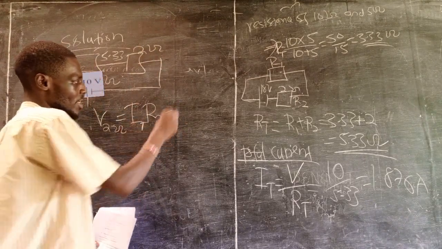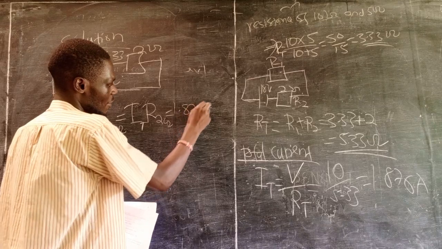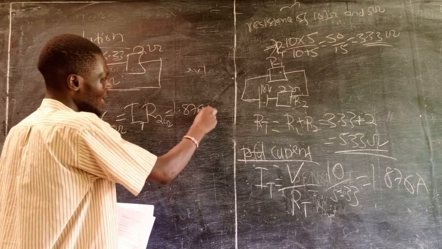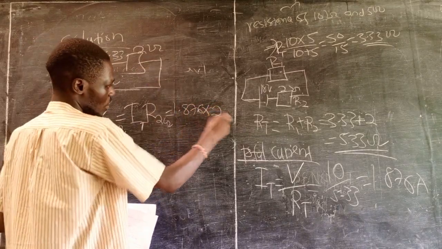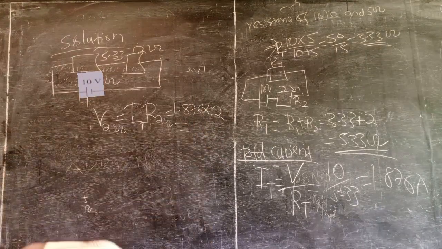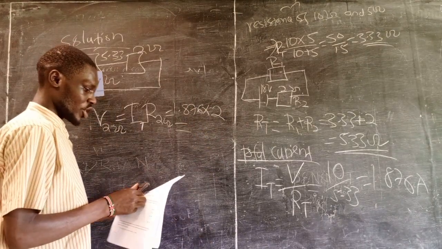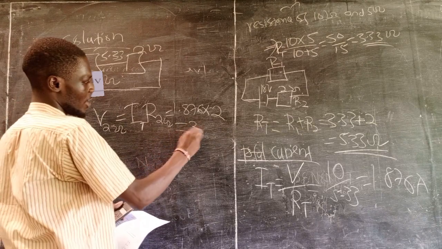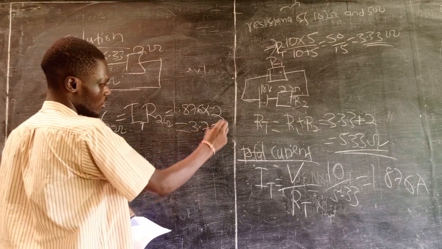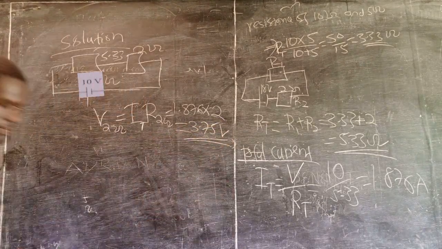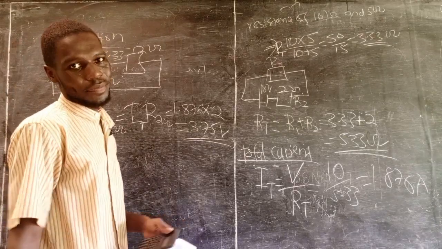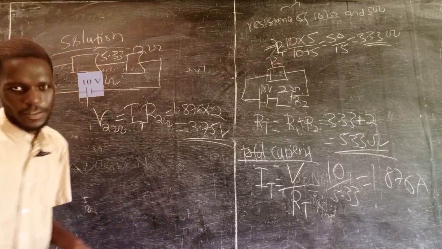So that is 1.876 multiplied by 2 ohm. What are we going to get? It's going to be 3.75 volts. That's all.